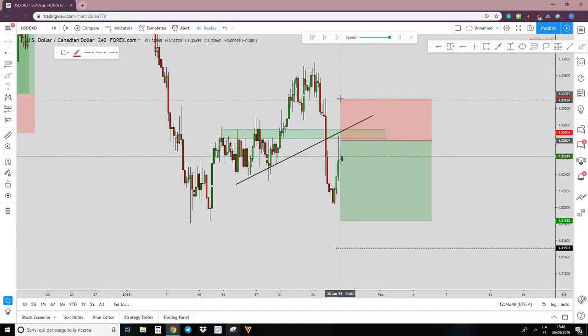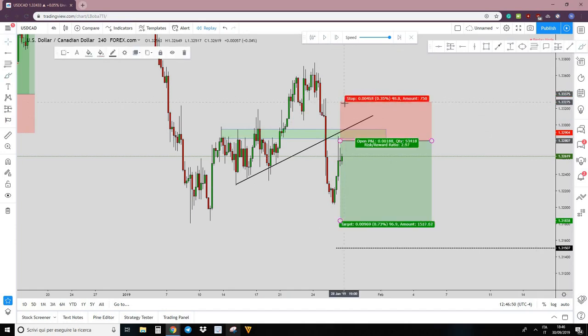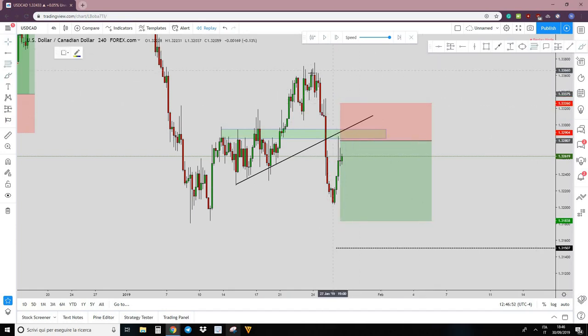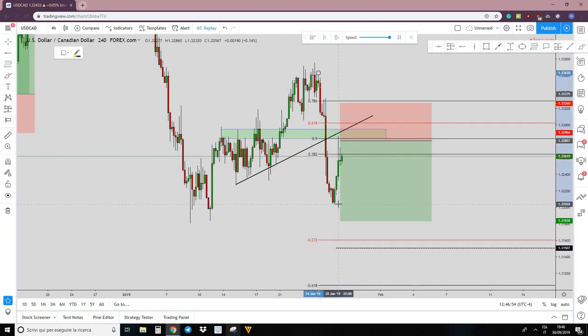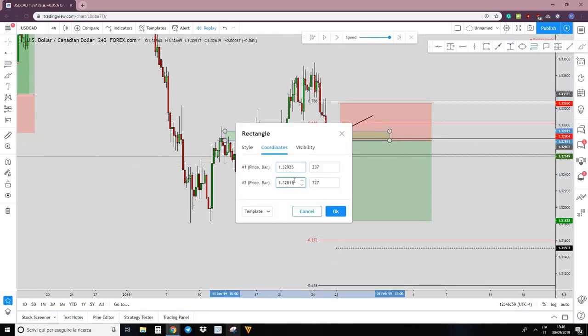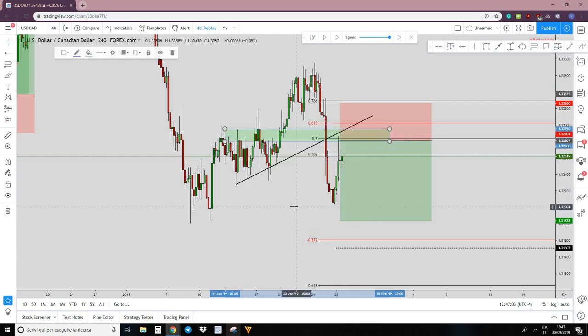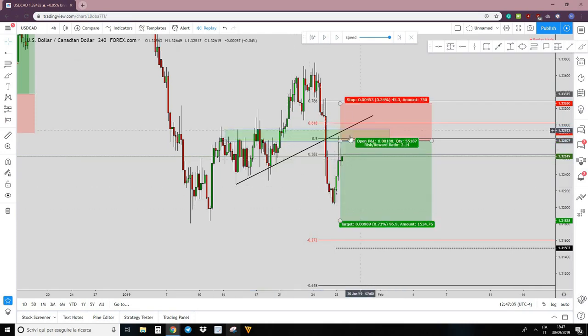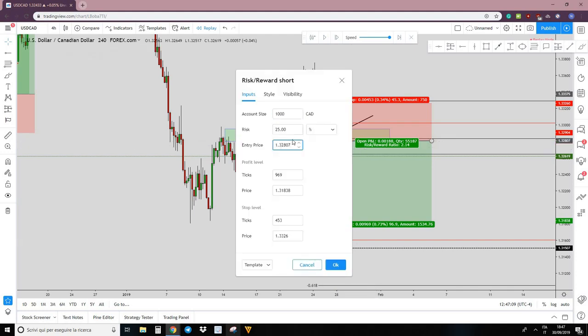If we take a stop loss, we don't even need to take it this high. We can just take our Fibonacci from the high to the low. Let's precise our box with 80.95. So we know that our stop loss needs to be above this level, and our entry will be 80.